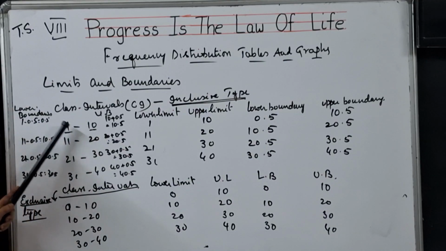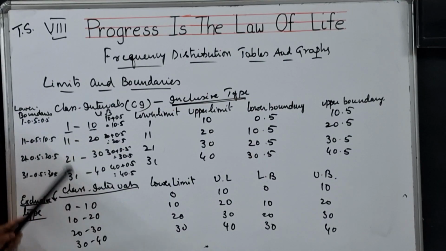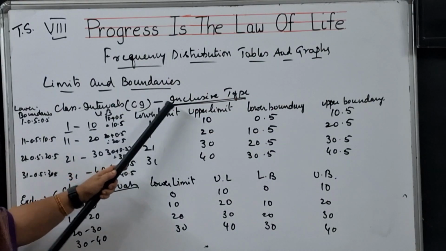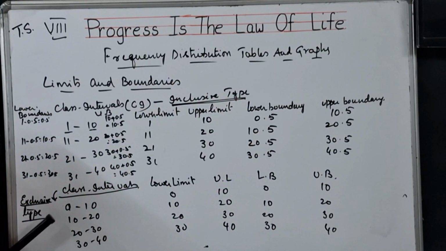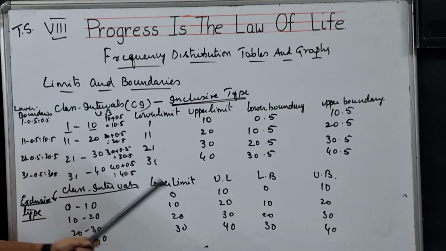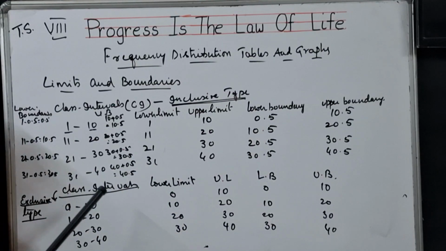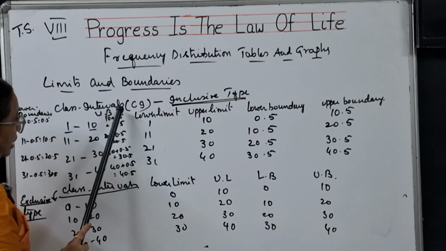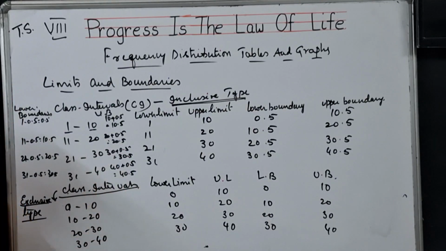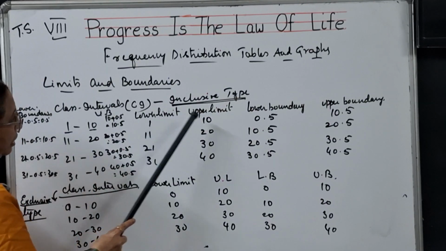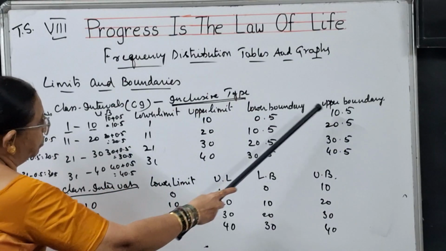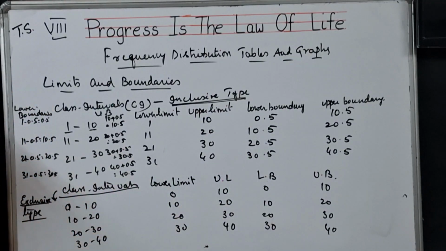Here 10 is taken here only. So it is inclusive type of class interval. So this is the difference between inclusive type and exclusive type of class interval, children. And what is the other difference you are getting here? In inclusive type of class interval, lower limit, upper limit, lower boundary, upper boundary are different.